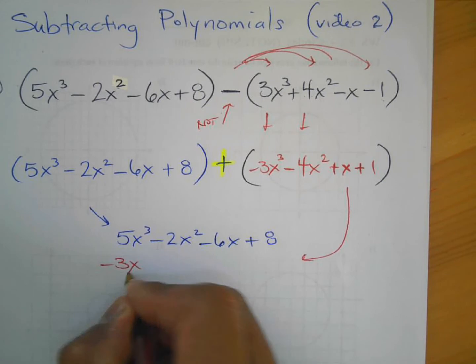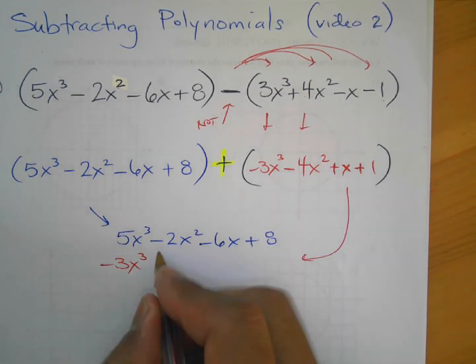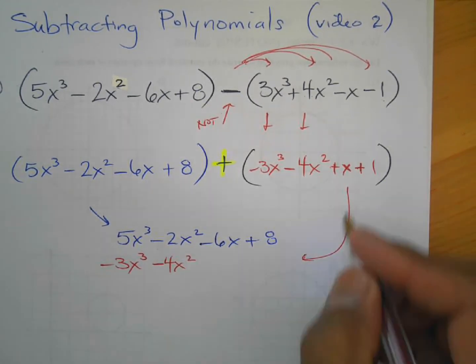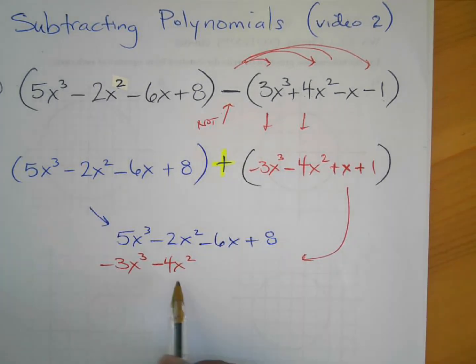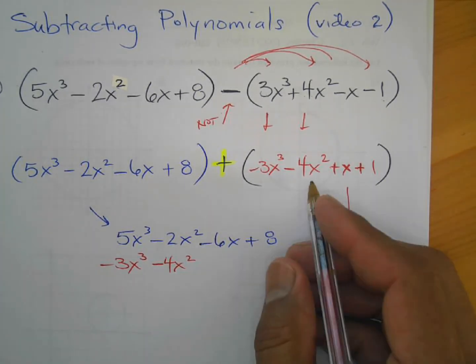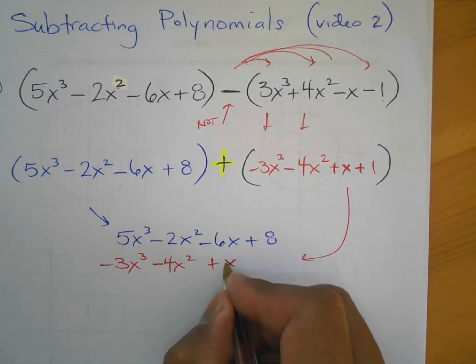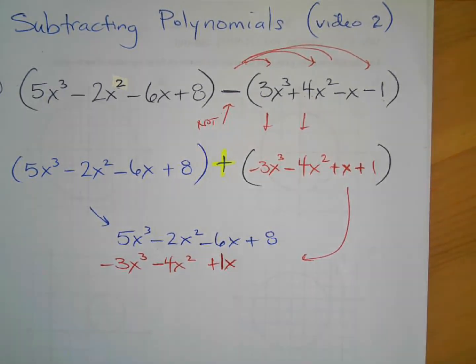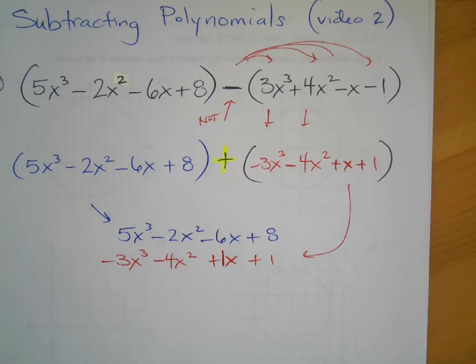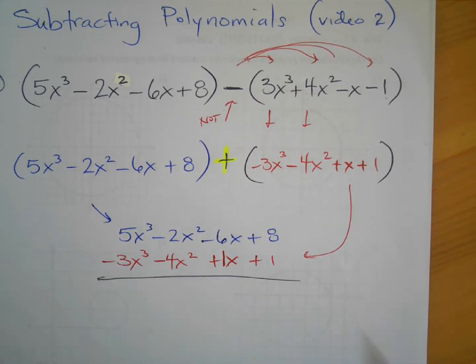So that'll be negative 3x cubed under the x cubed, minus 4x squared. So now that it's addition, you don't have to worry about signs. The signs are correct. Plus x. And we know that if it doesn't have a number, it's a 1, so plus 1x plus 1. Okay.